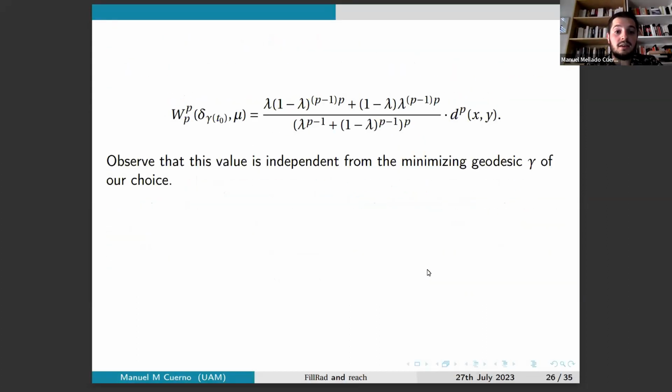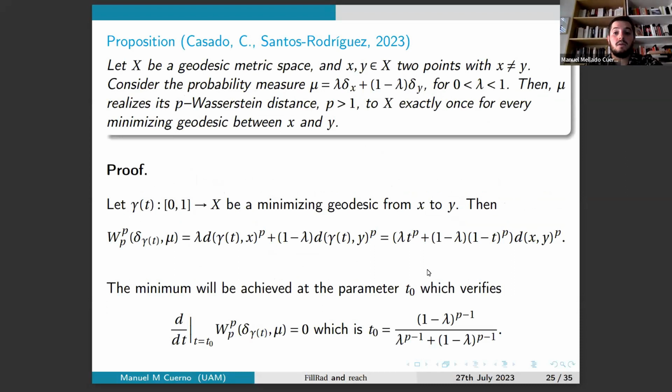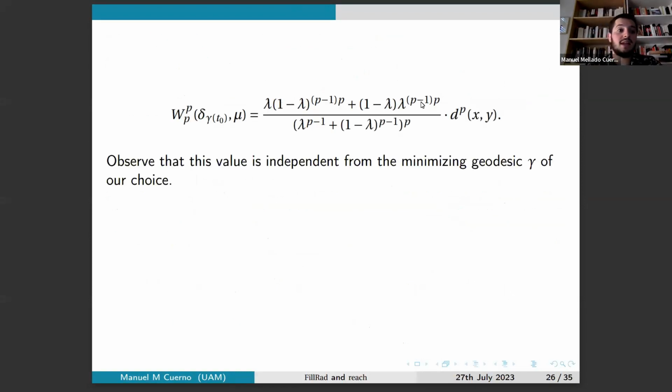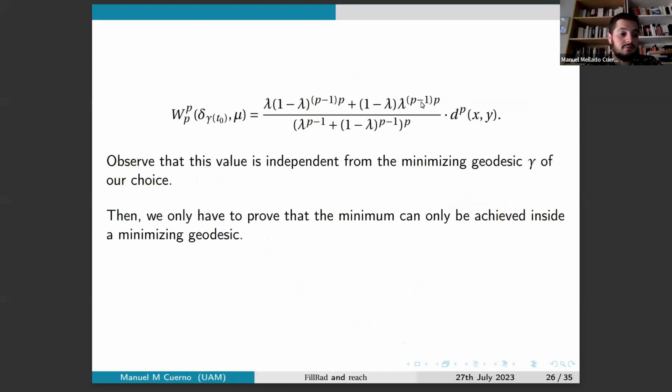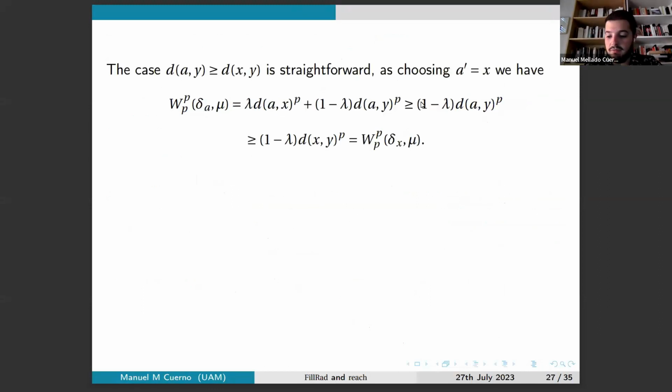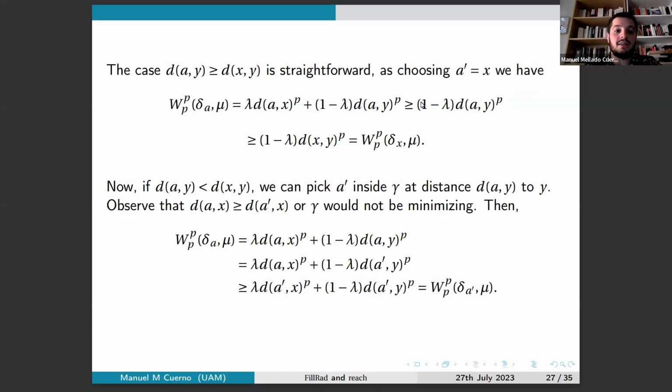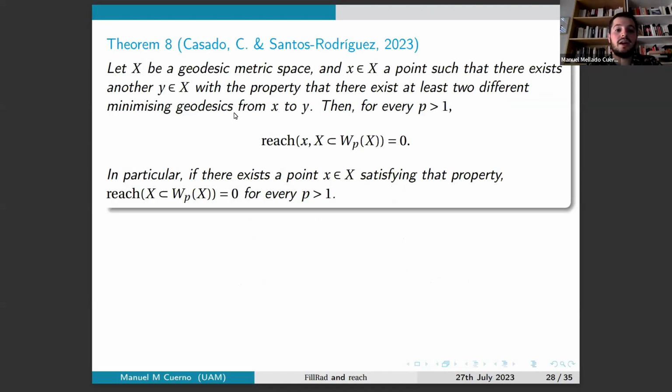So the important thing is that this segment point has many realizers, as geodesics exist between X and Y. It seems like a not very important proposition, but with this proposition, we can prove the following important result.